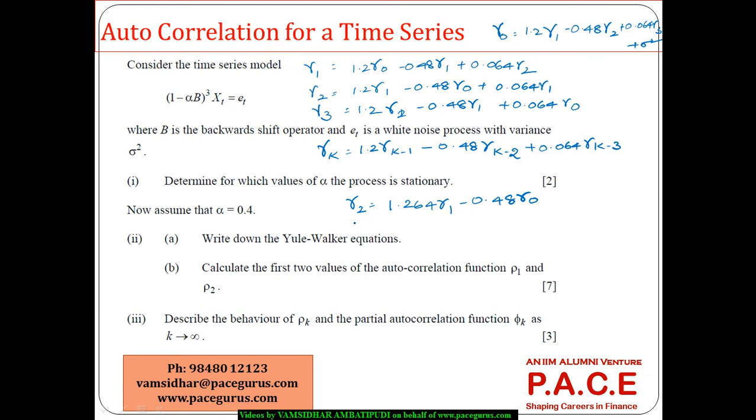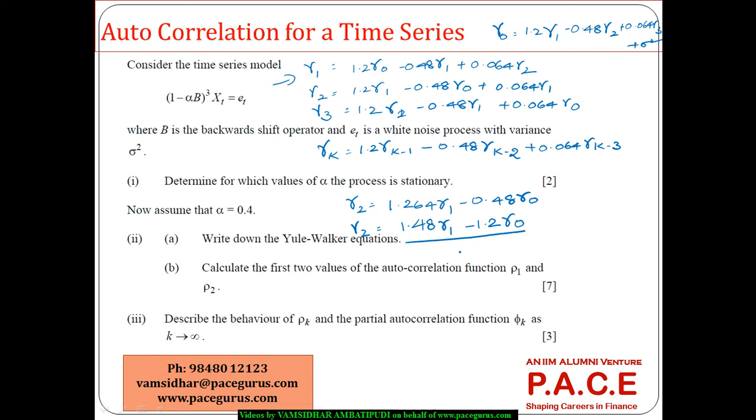And even out of this also I can establish the same, because if I'm taking the term to the other side, gamma 2 comes out as gamma 1 plus 0.48 gamma 1, which comes out to 1.48 gamma 1 minus 1.2 gamma 0.